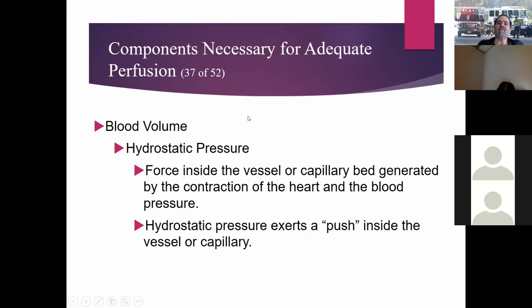Now we're going to go over what actually transports fluid within the blood vessels. One of the ones that we deal with is hydrostatic pressure. This is force inside the vessels of capillary beds that is created by the contraction of the heart and the blood flow.